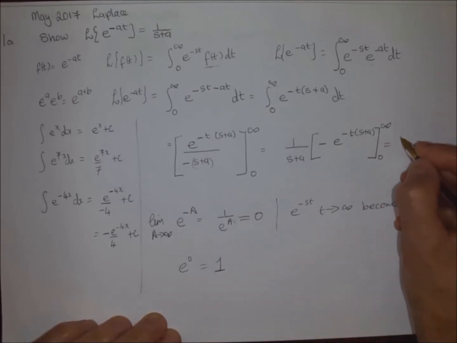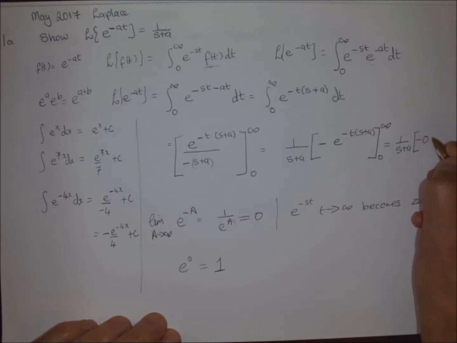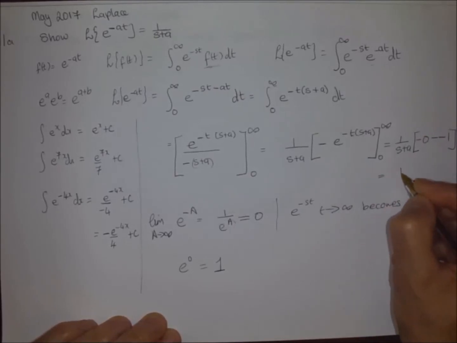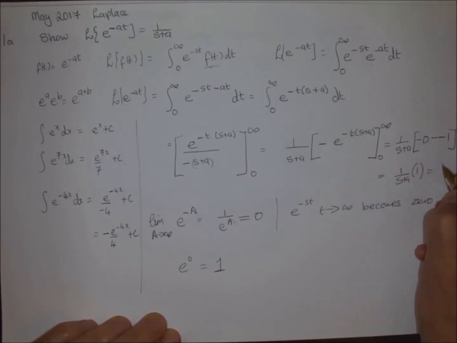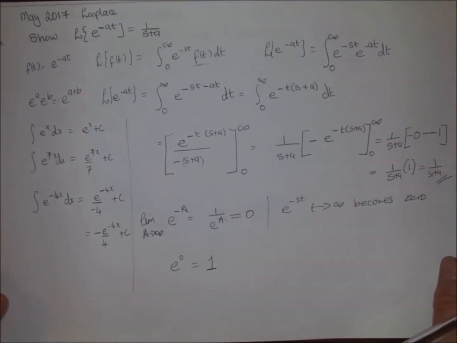So this will now become 1 over s plus a on minus 0 minus minus 1, which becomes 1 over s plus a on 1, which is just 1 over s plus a, and that's part A proved.